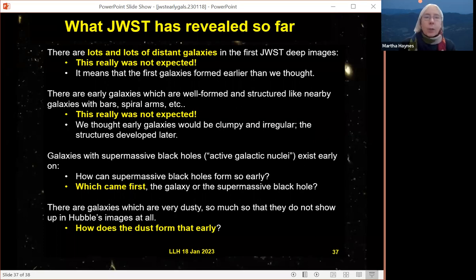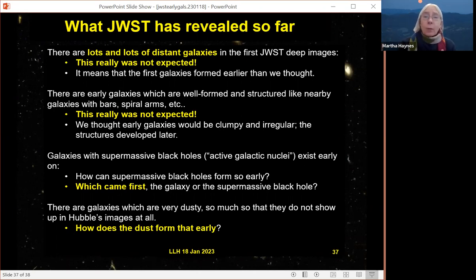And we really don't understand how supermassive black holes can form early. Again, we think of black holes forming by the accretion of material, the gathering of material because of gravity into a small volume. And that's not supposed to happen really quickly in the early universe.